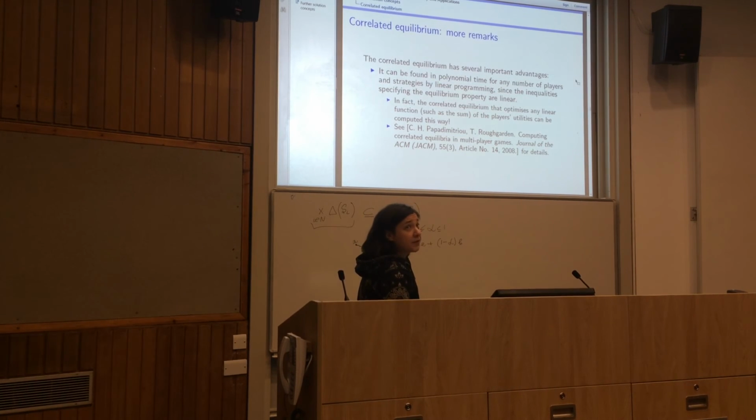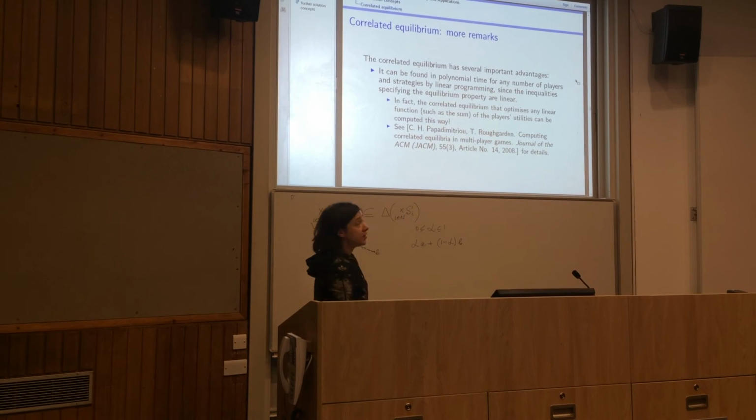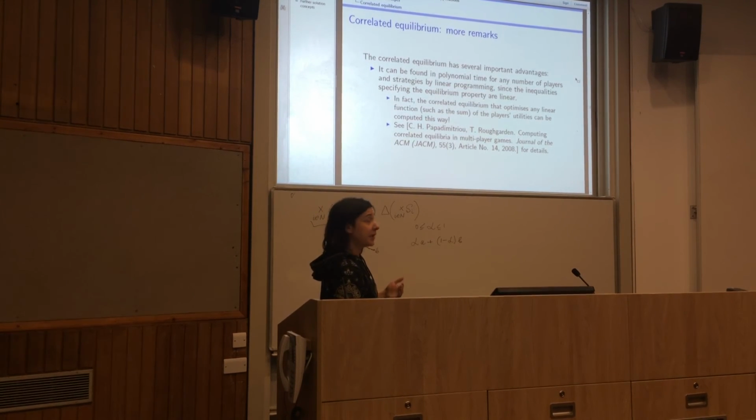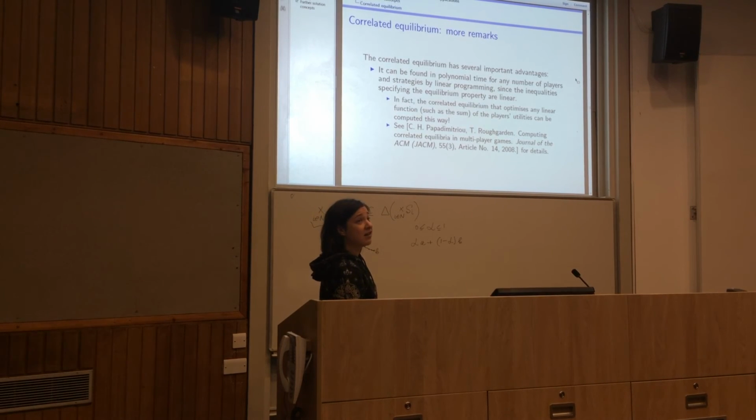Another good thing about correlated equilibria: you can find them in polynomial time for any number of players and strategies by using linear programming, because the conditions for a correlated strategy to be in equilibrium are a set of linear equations and inequalities.